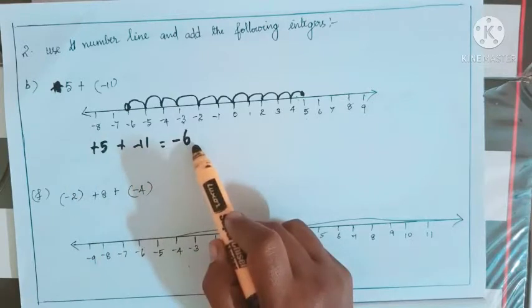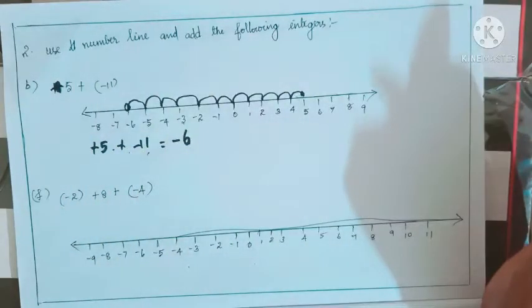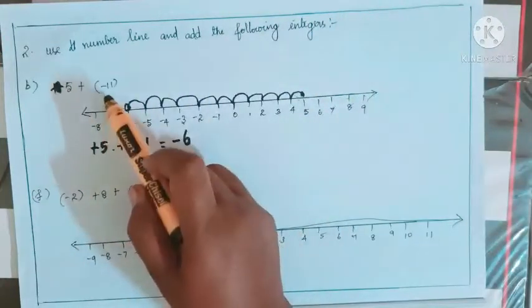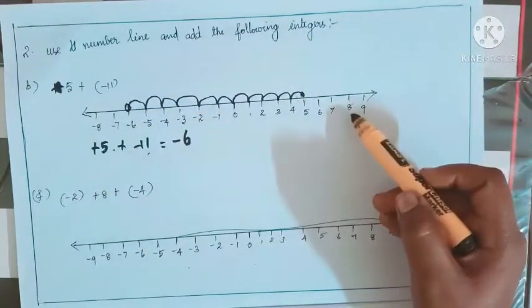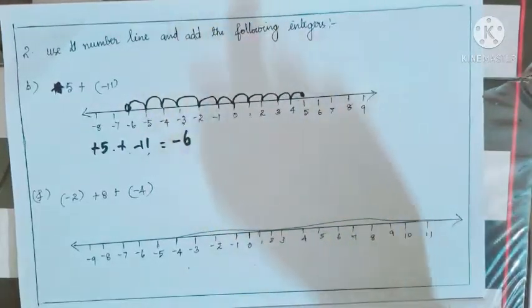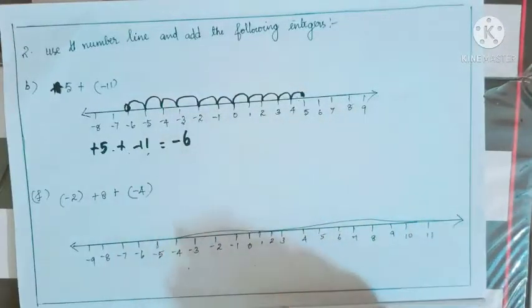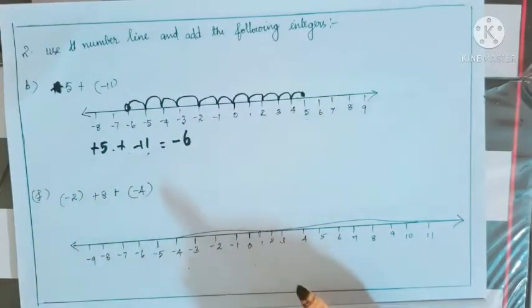You have subtracted, isn't it? 11 minus 5 is 6, and put the bigger number's sign. Understand? If it's a smaller number, you can represent it on a number line. If it's a bigger number, you can't represent it on the number line. Just know the rule and you can do it. Understand? Fine. Likewise, see here, minus 2 plus 8 minus 4.